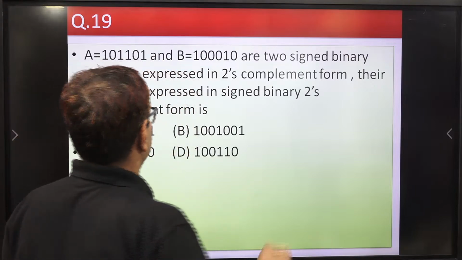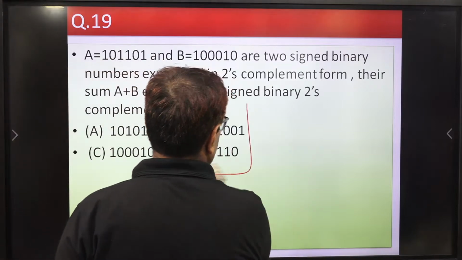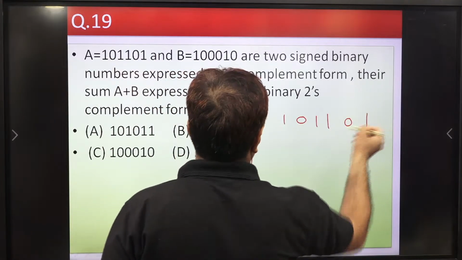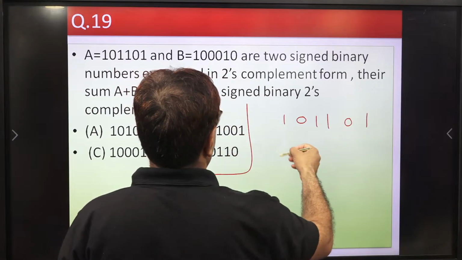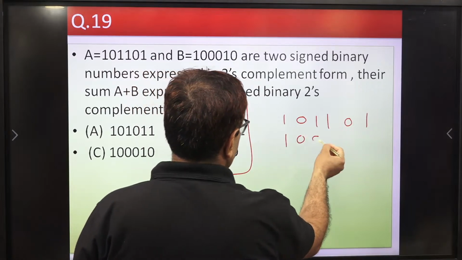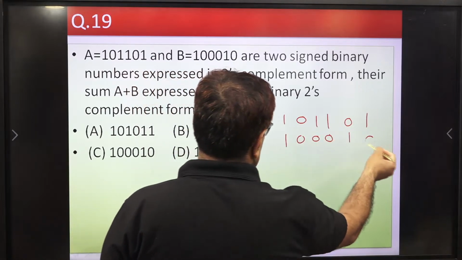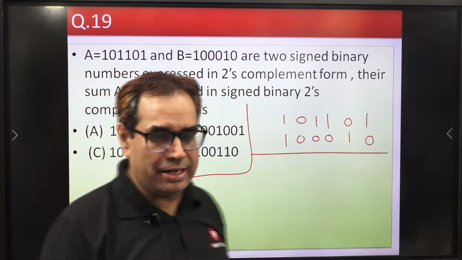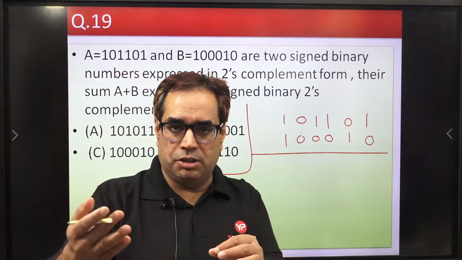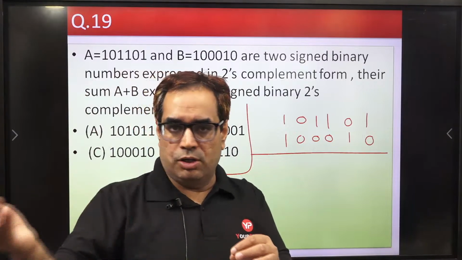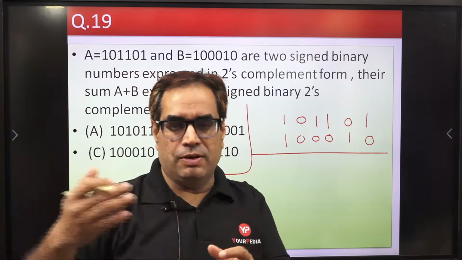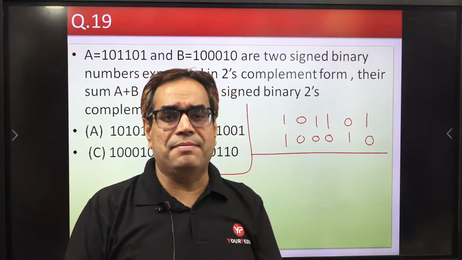Okay. So then you write the numbers as 101101 and 100010. Let us add them using simple binary arithmetic. We know 0 plus 0 is 0, 0 plus 1 is 1, 1 plus 0 is 1, 1 plus 1 is 0 with carry 1, 1 plus 1 plus 1 is 1 with carry 1. Using that concept, we will add them.